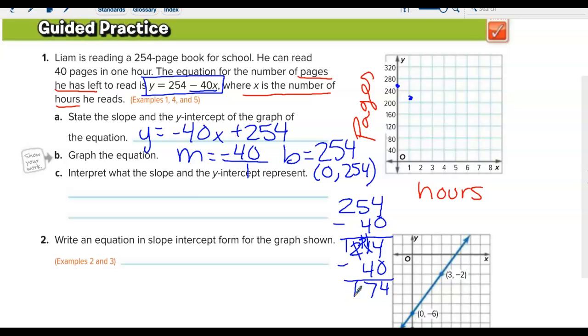And then I have to go over 1, because it's rise over run. My run is 1, my rise is negative 40, which means I go down. Since you have 3 dots, you can extend your line because it continuously goes. A lot of kids will just stop at their 3 little dots. The line goes on forever, so draw it out. Okay?